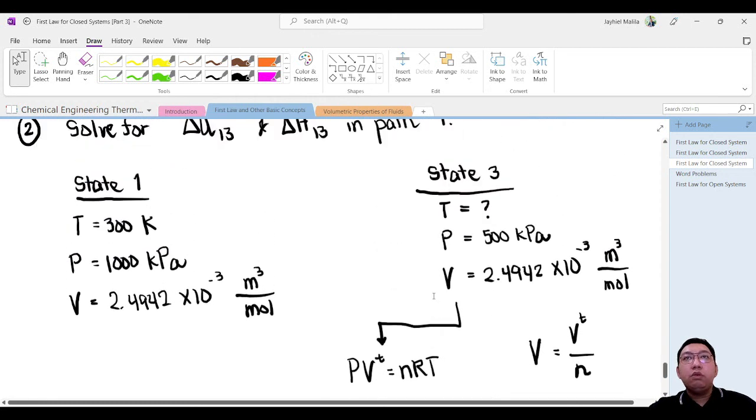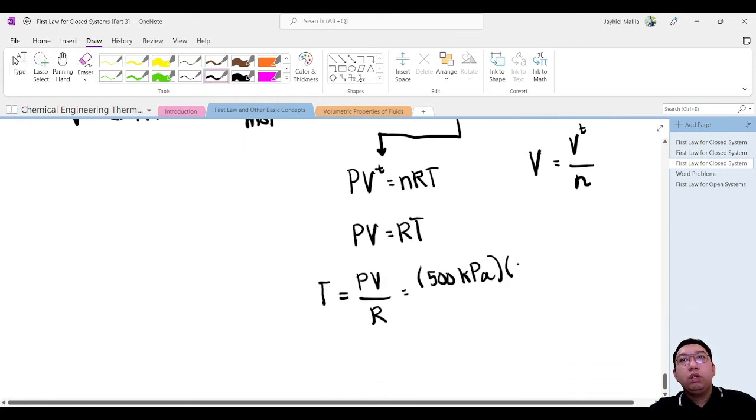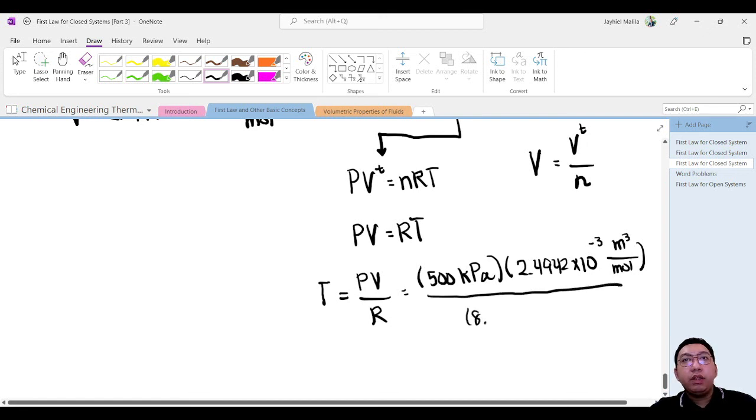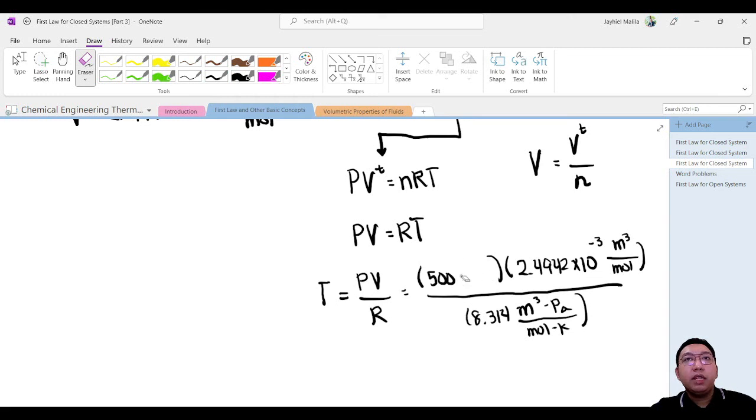For your volume, that's 2.4942 times 10 to the power of negative 3 meter cube per mole. And then the R is 8.314 meter cube Pascal per mole Kelvin. We have to take note of the times 10 to the power of 3.